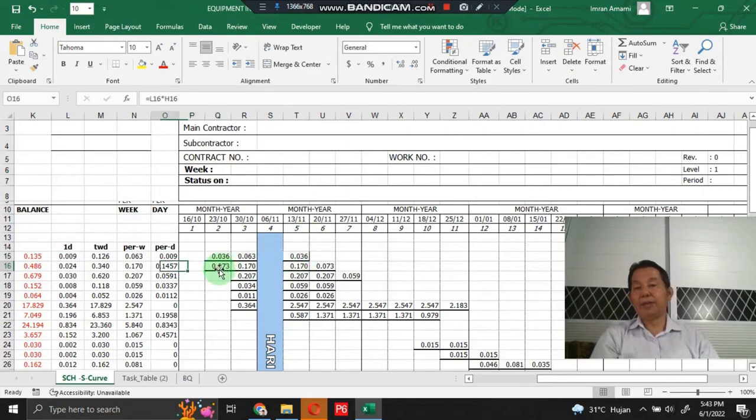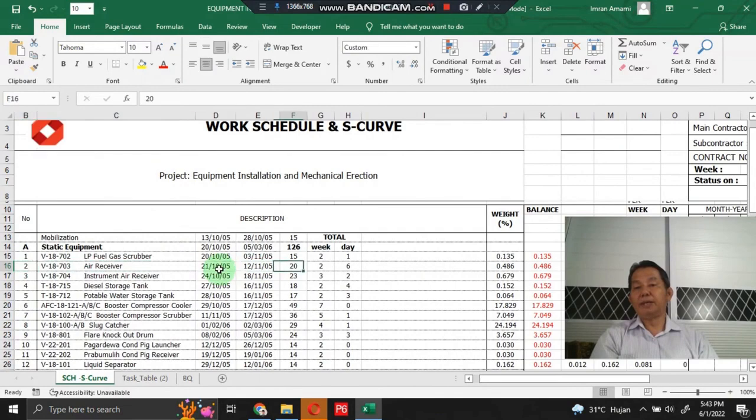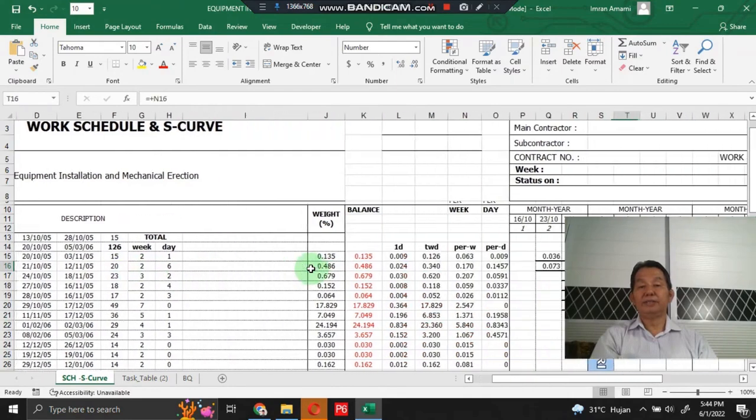The same applies to the other work item, air receivers. The schedule starts from October 21 and finishes November 12, 2005. It is 20 days, meaning 2 weeks and 6 days.